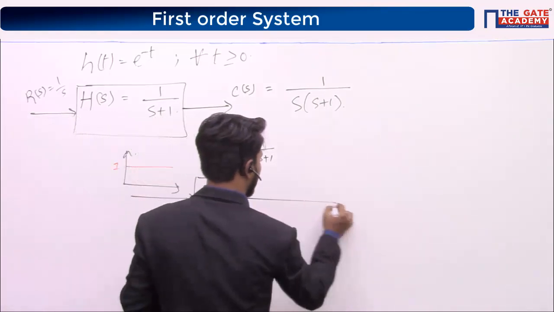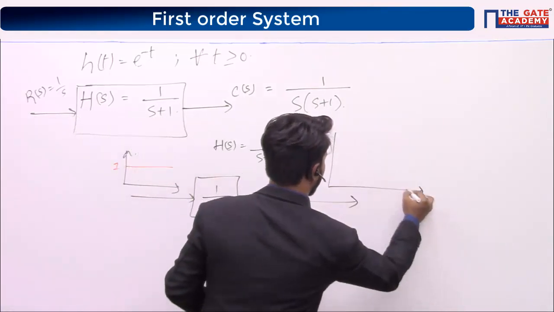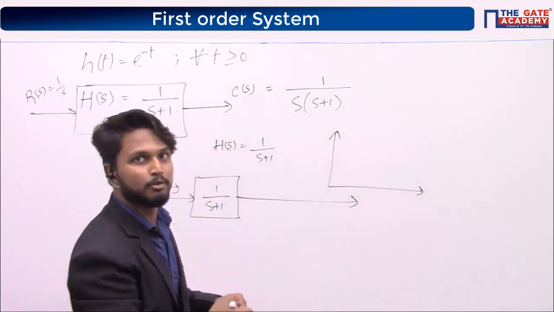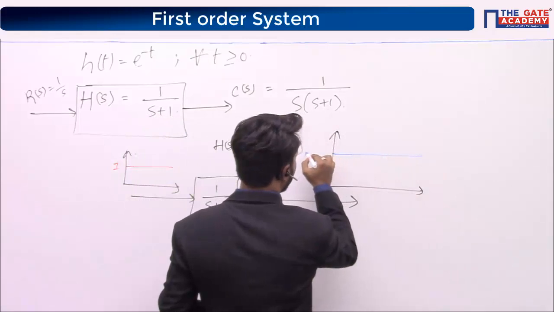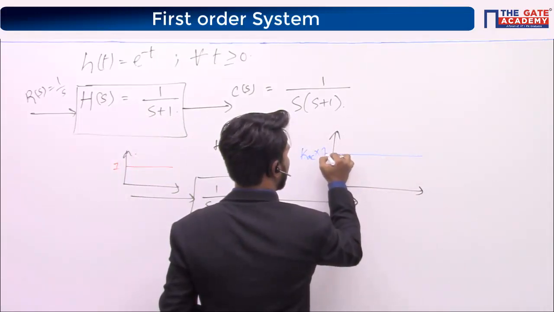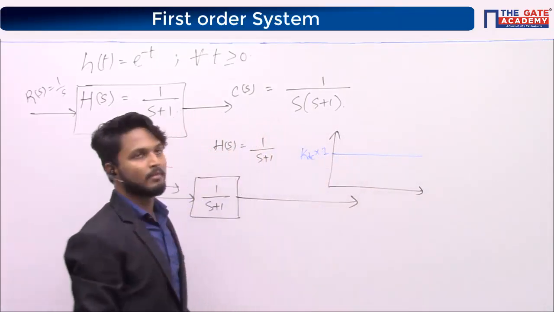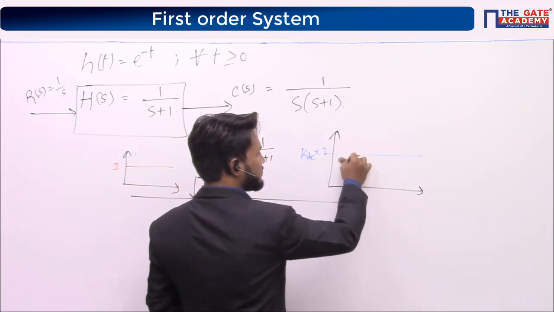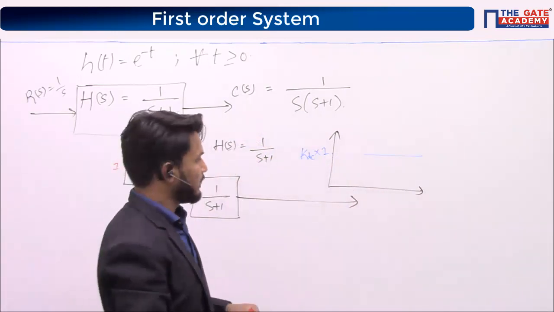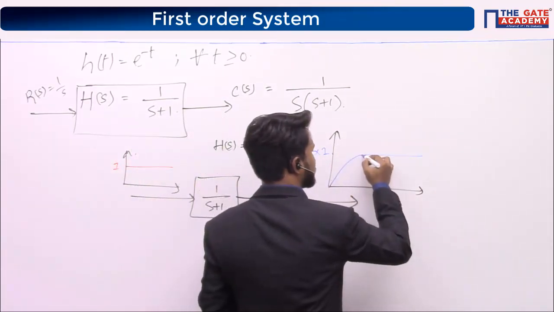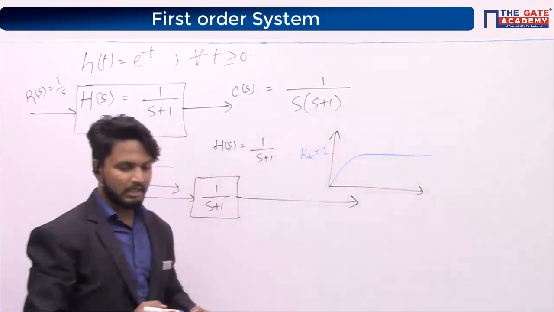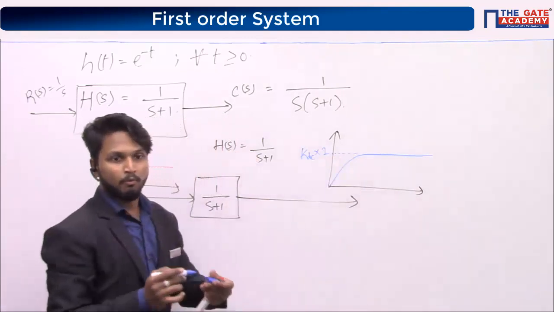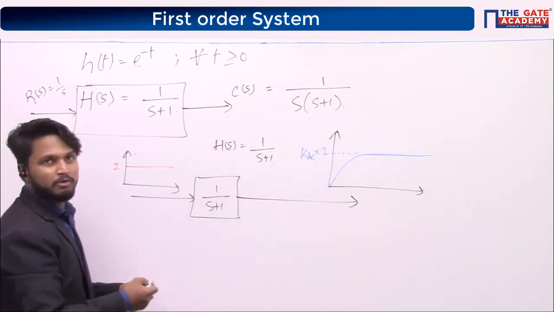Output will have a magnitude of kdc into the DC input, that is, DC gain multiplied by the DC input. DC input is 1. It is not necessary that this is a plain DC like a step; it is some exponential thing like this. But the final value of the response is going to be kdc into 1. What is kdc here? You just have to find out kdc.